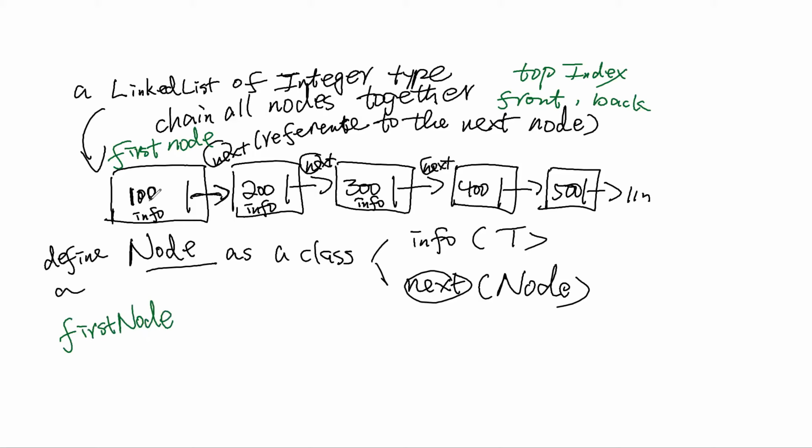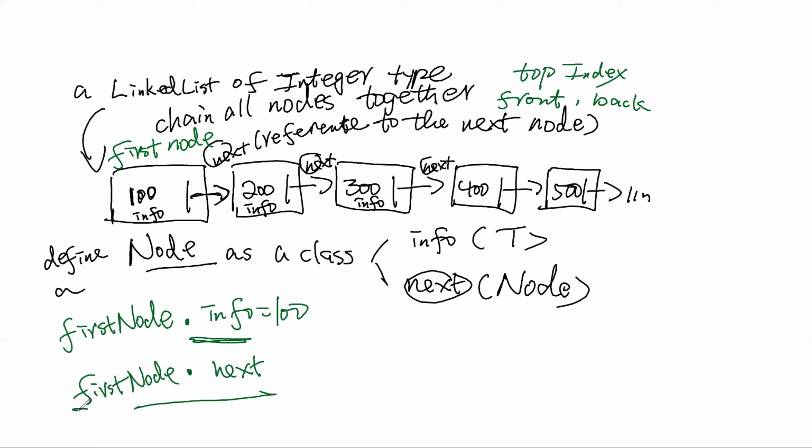Its information is 100 in this case, and it has another field called next. Then who can tell me what's the type of firstNode.next? What is the type?